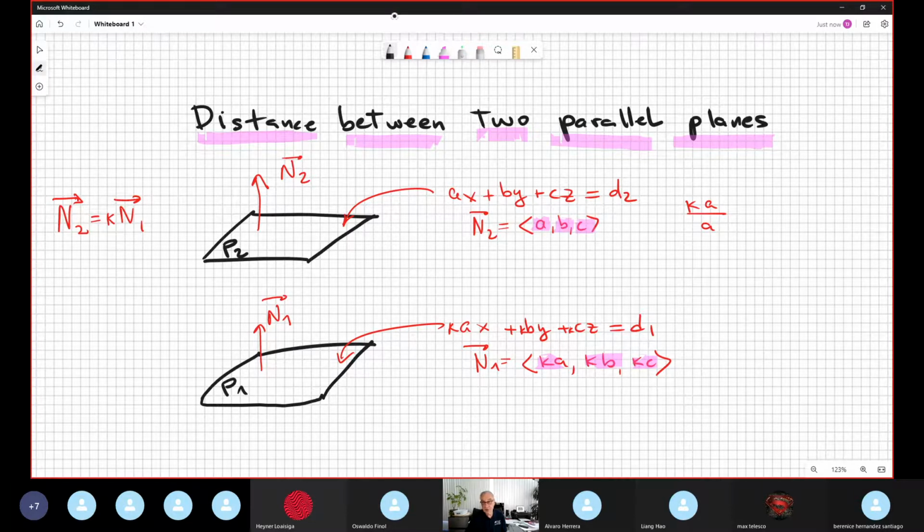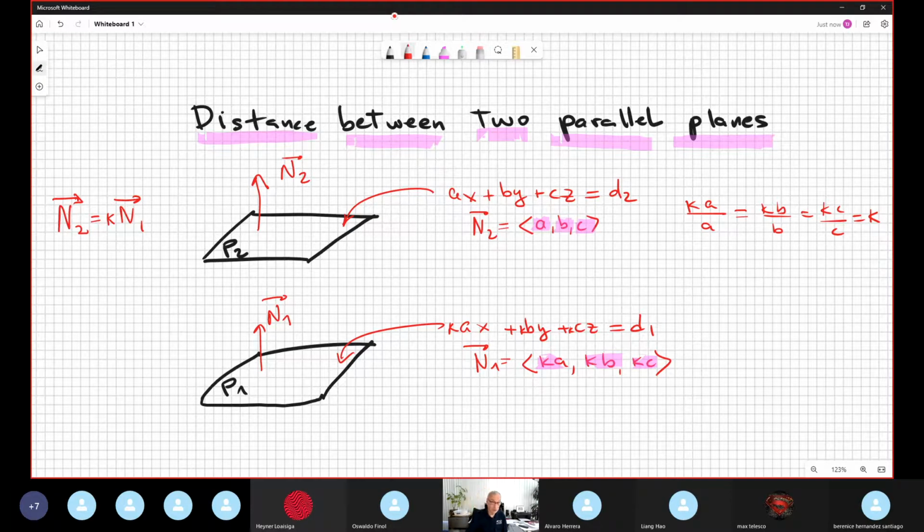And it's obvious that it is the same number, k. Let me continue with the right color. You divide kb divided by b, and you divide kc divided by c, it's obvious that it is k. The answer. So you determine, wow, these vectors are parallel, the normal vectors.